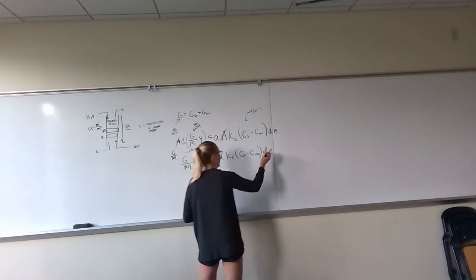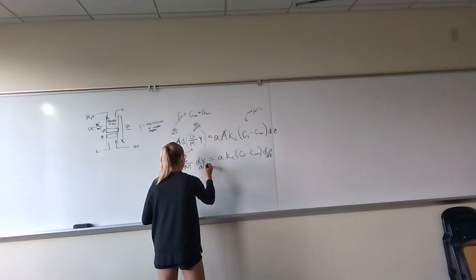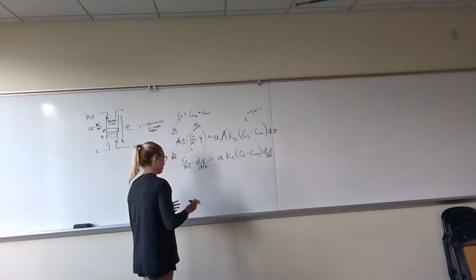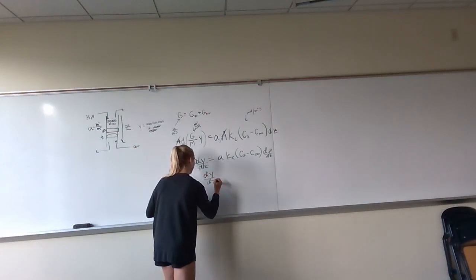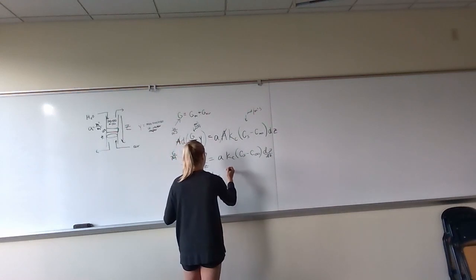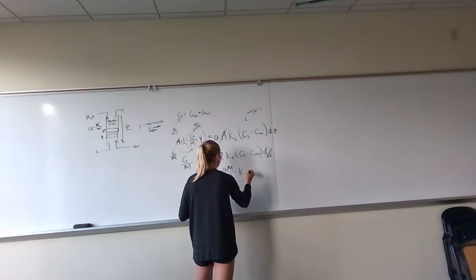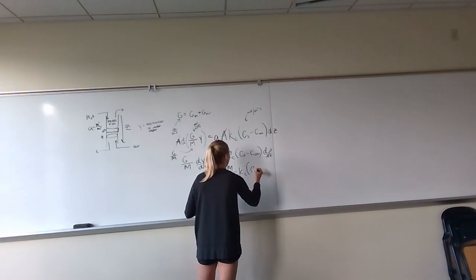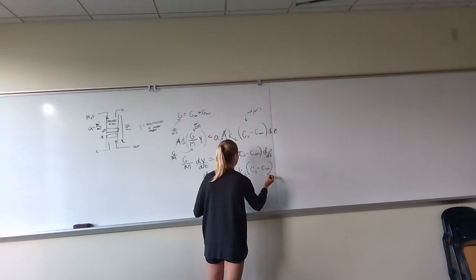And when I divide each side by dz, we get the change in mole fraction with position. So dy over dz is equal to a times the molecular weight divided by the gas flow rate times the mass transfer coefficient times the concentration at the surface minus the concentration far away from the surface.